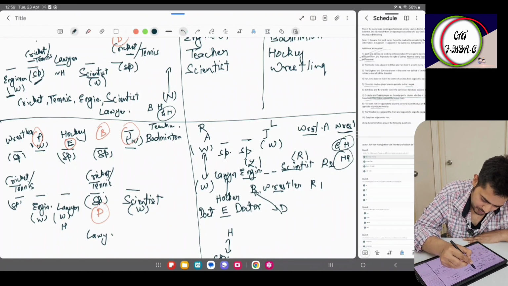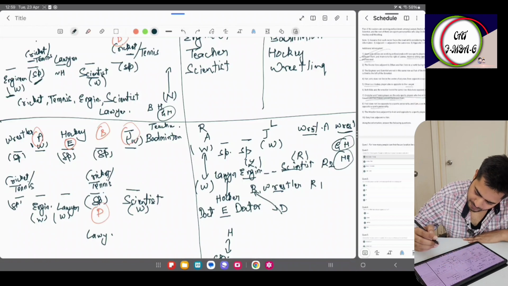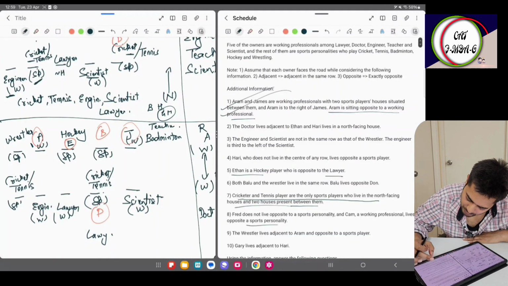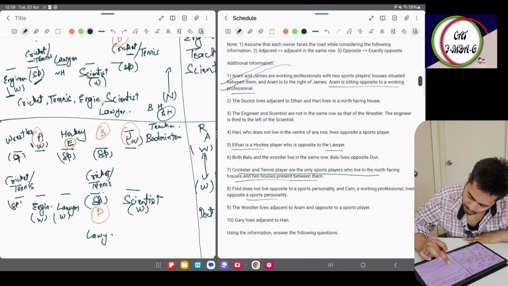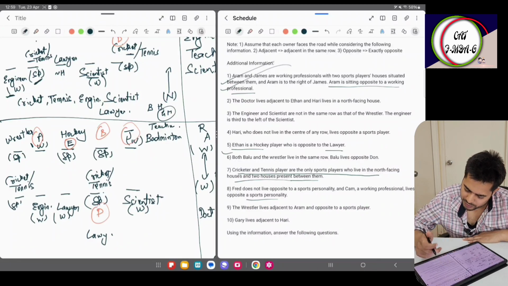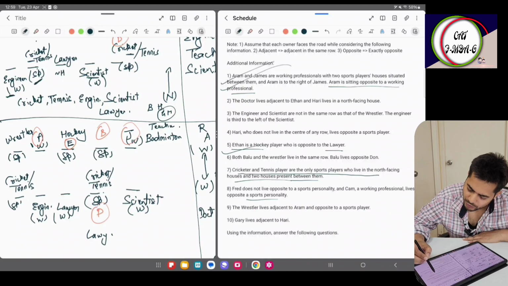Wait. I think I have done one mistake here. Now, Ethan is a hockey player who sits opposite to the lawyer. This is also done. Harry, who does not live in the center, lives opposite a sports player. Okay, we have yet to figure it out. Engineer and scientist are not in the same row as that of wrestler. The engineer is third to the left of scientist.